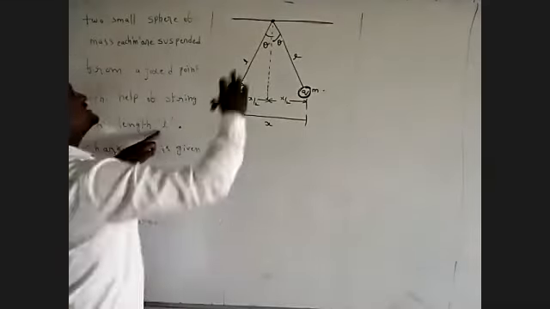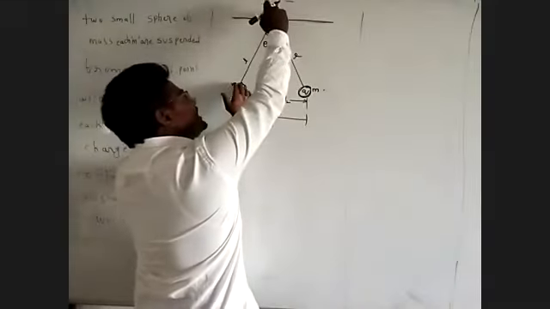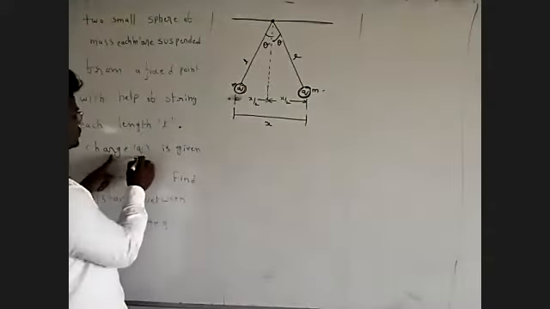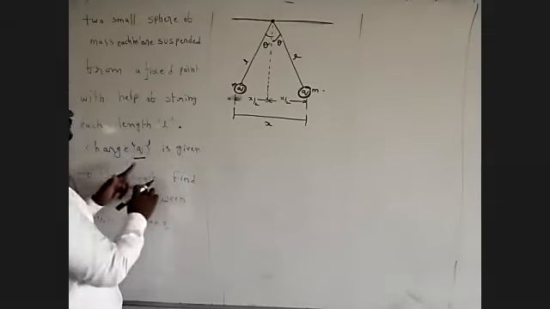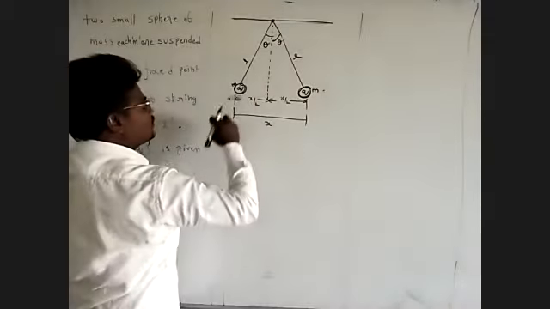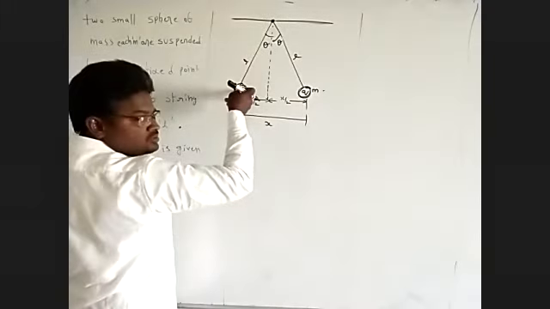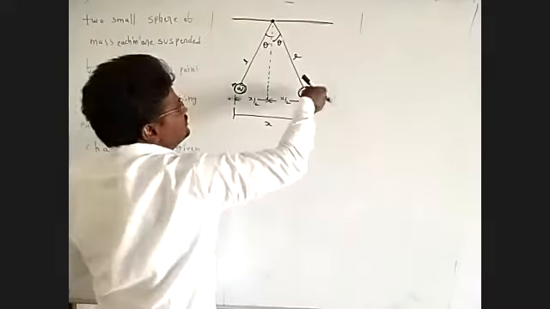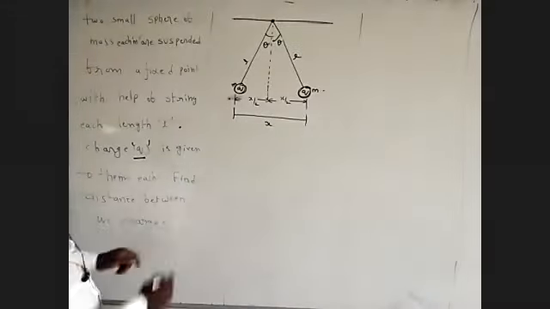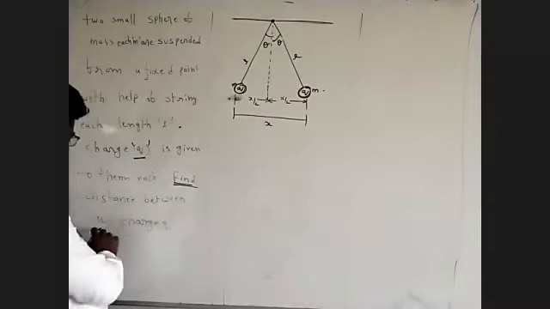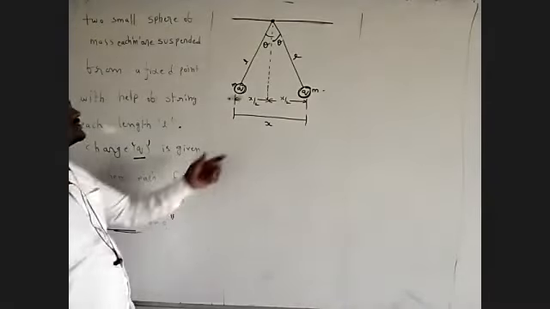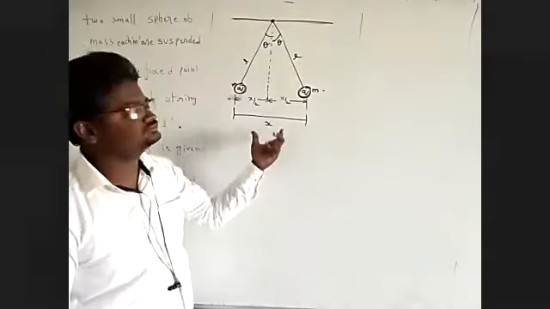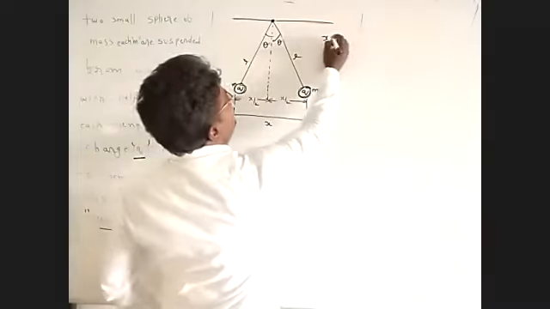The string of each length is L. This is a string of length L, and this is another string of length L. Charge Q is given to each of them, one charge to this small bob and another charge to the other bob, and we find the distance between the two charges. We have to find the x value.